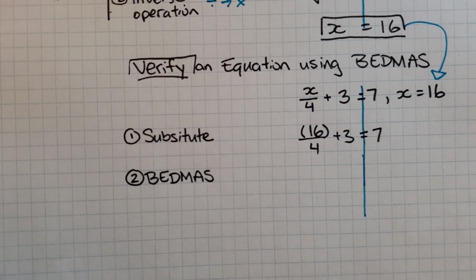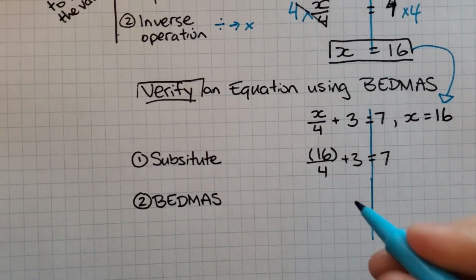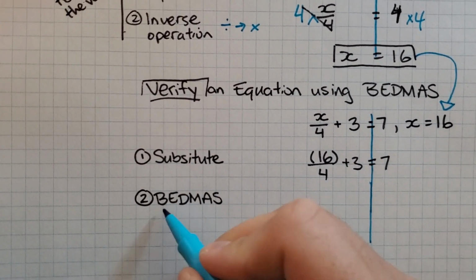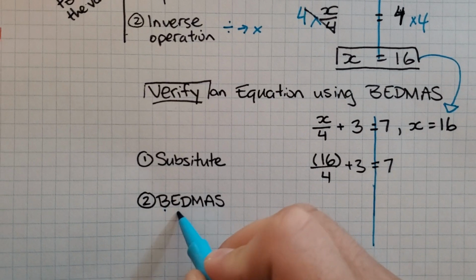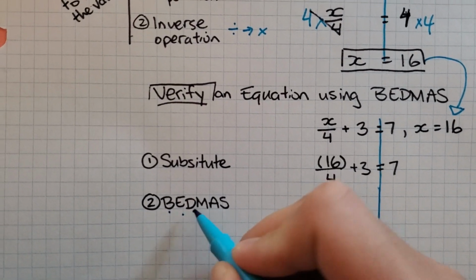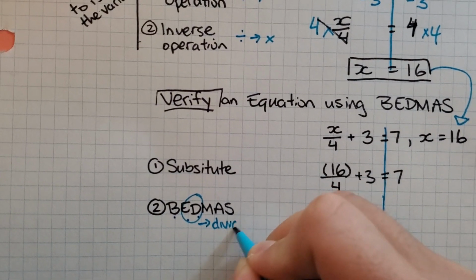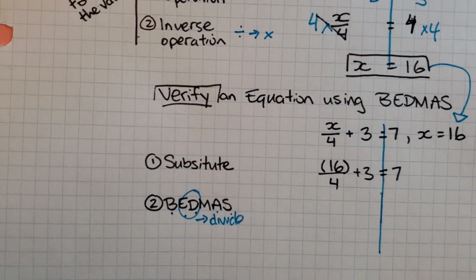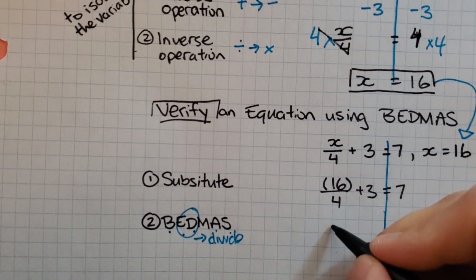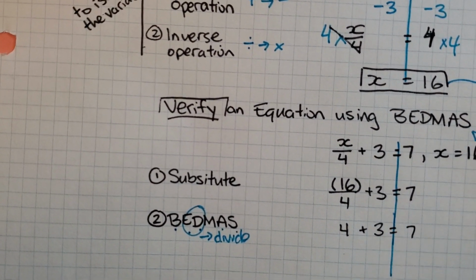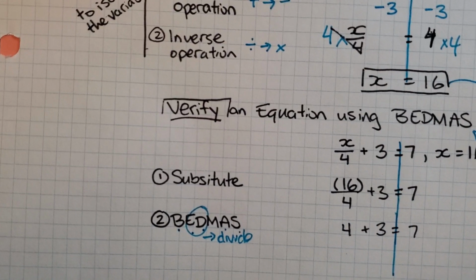So using BEDMAS to verify, we're going to go through it. There's no brackets, there's no exponents, there is division. So that's the one we're going to do. So we'll do 16 divided by 4 equals 4. Let's write it out again. Make sure that your equal sign is lined up.